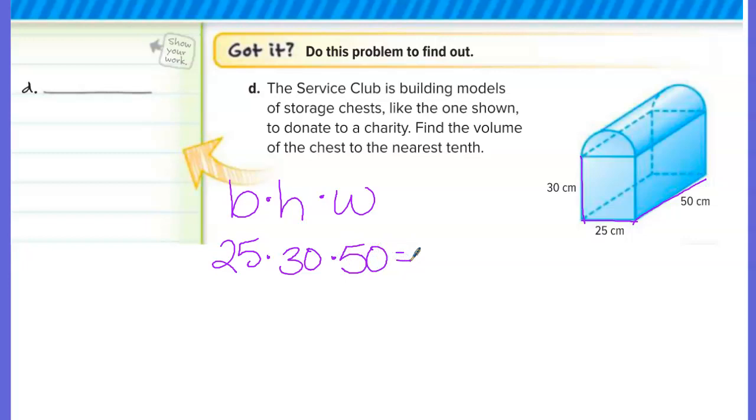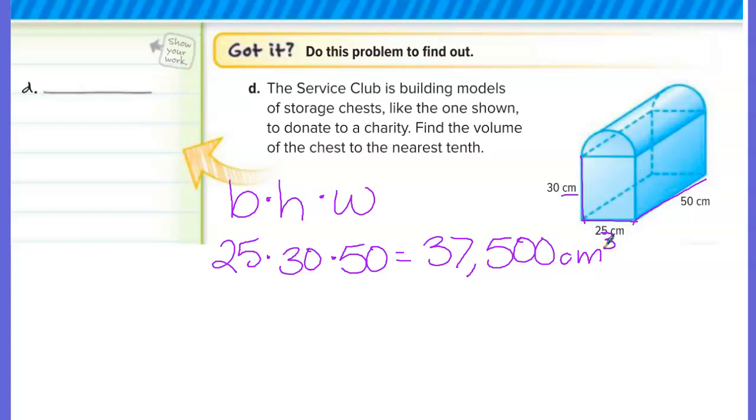I'm going to calculate that on my calculator, and I get 37,500. It would be centimeters cubed because we're talking about volume. So that's just the volume of our rectangular prism.